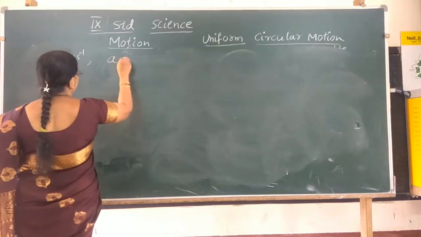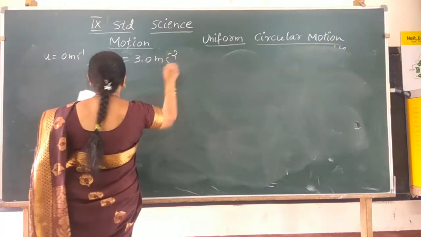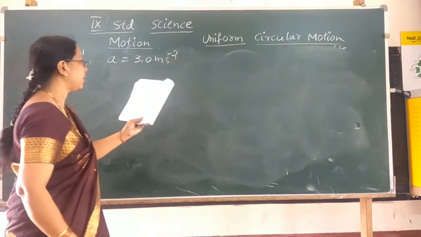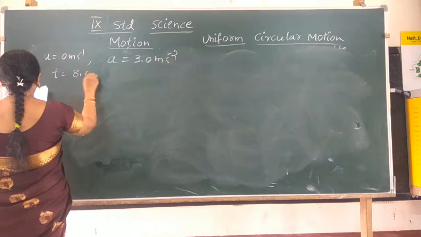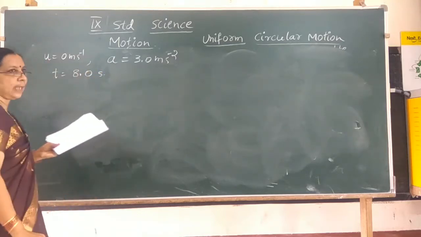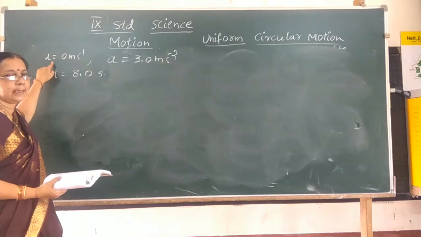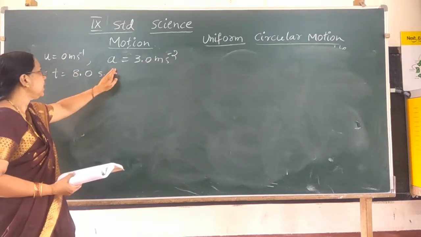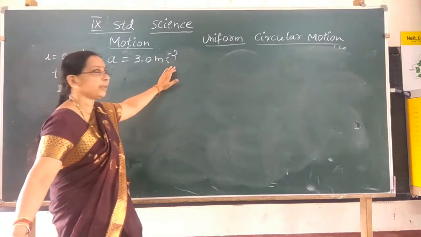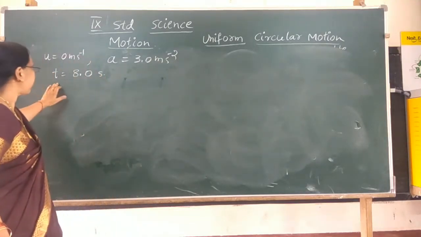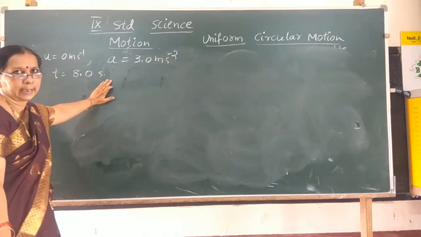So acceleration a is given, 3.0 meter per second square, and time t is given, t is equal to 8.0 seconds. So what is all given? Initial velocity u is 0 meter per second, acceleration a is 3.0 meter per second square and time t is 8.0 seconds.